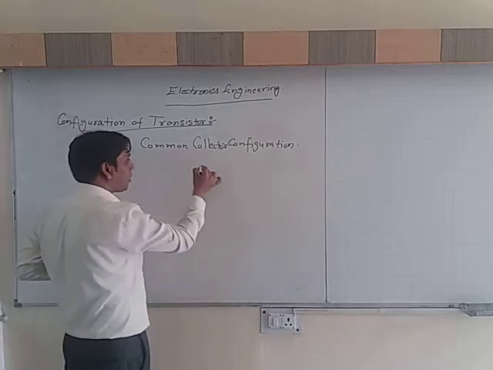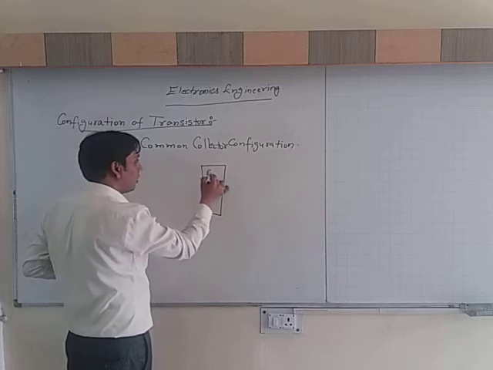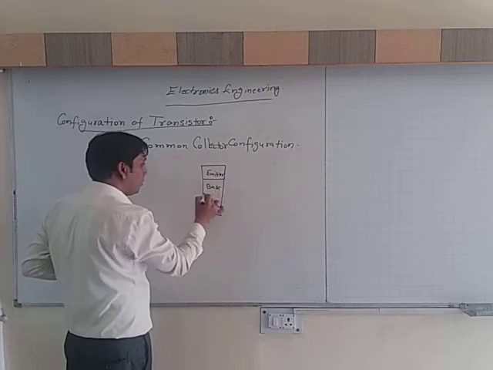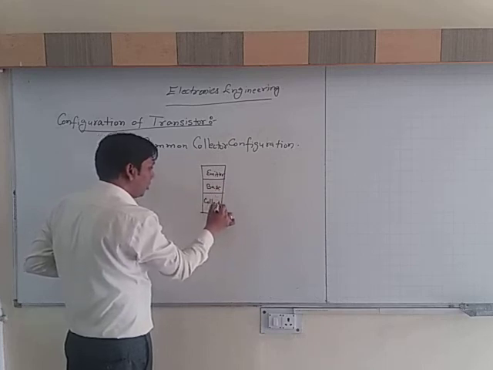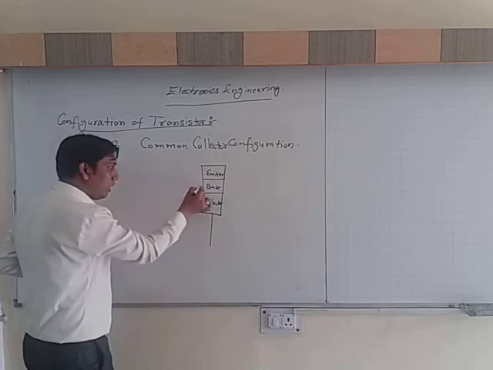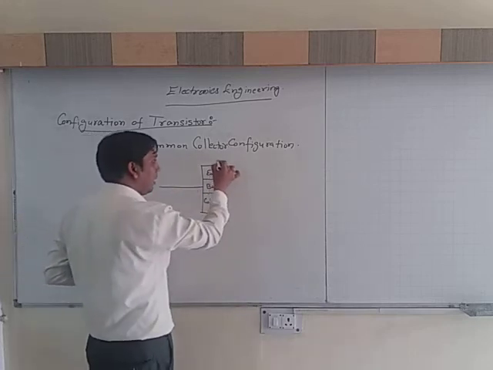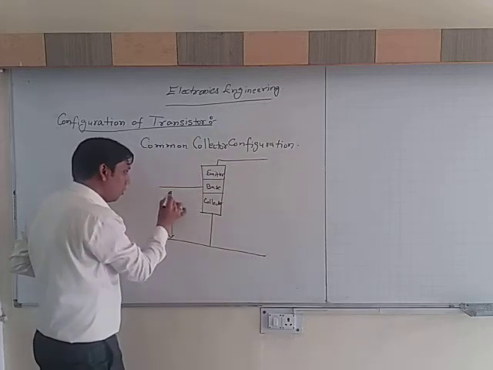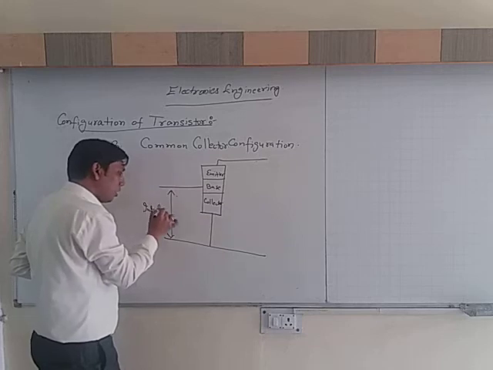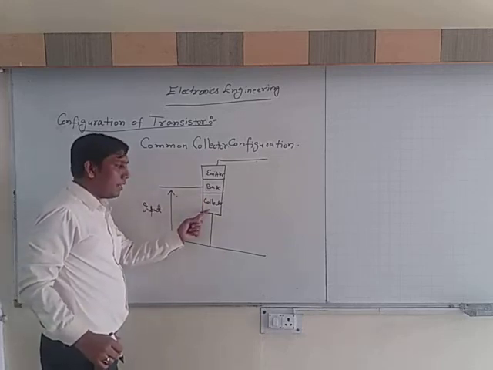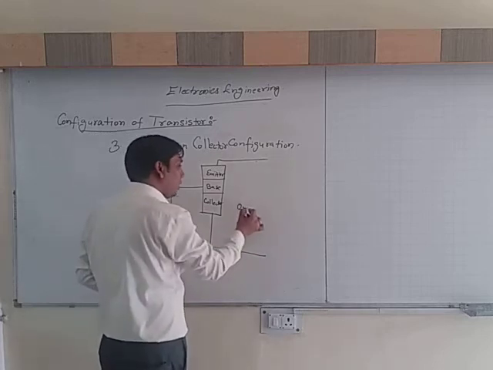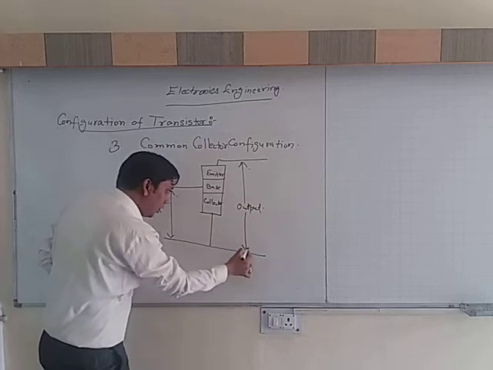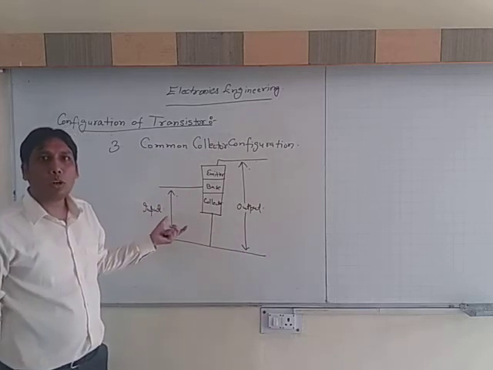So here this will be the emitter, base and collector. Collector will be common in between base and emitter. The input will be provided between base terminal and collector terminal, and output will be taken in between emitter and collector. This is the basic block diagram.